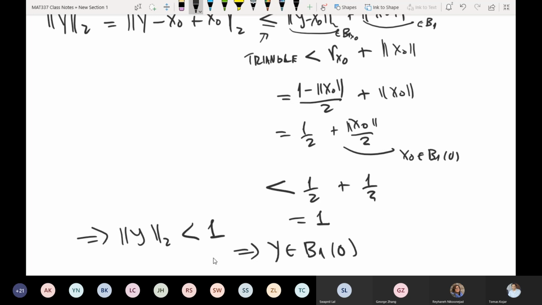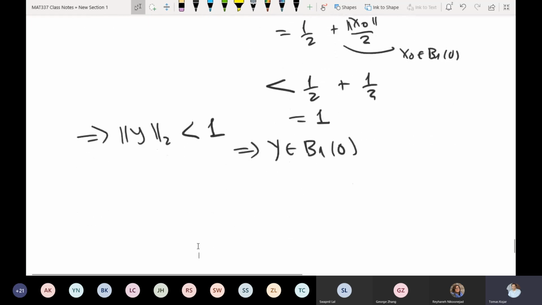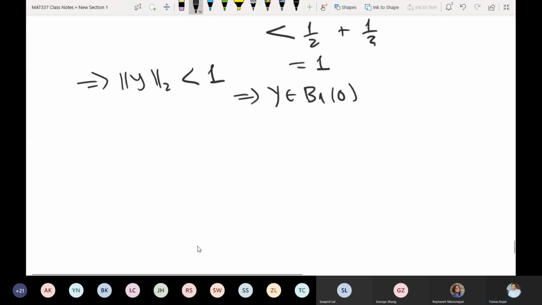Questions? Now, why can you just take R to be x0? Good question. So let's see why that doesn't work. Suppose x0 was very close to the boundary. Suppose it is some big number like 9/10.